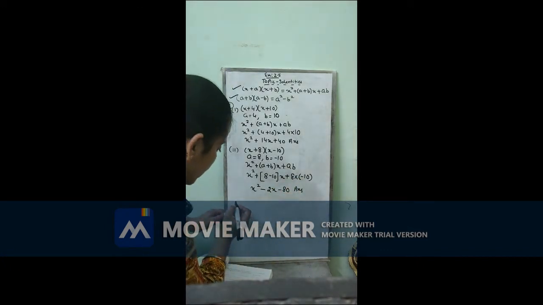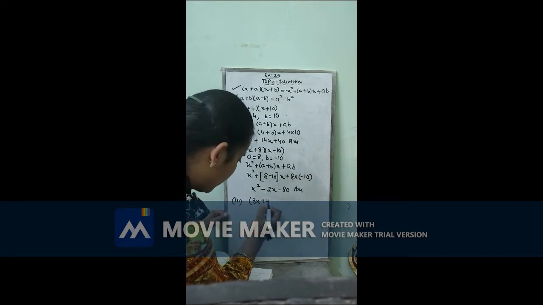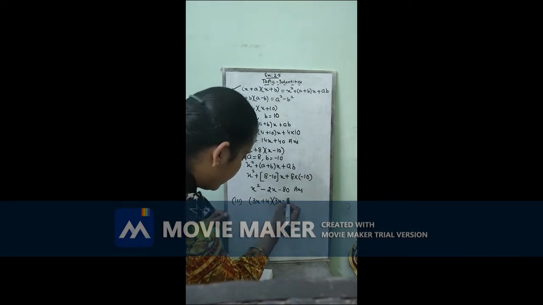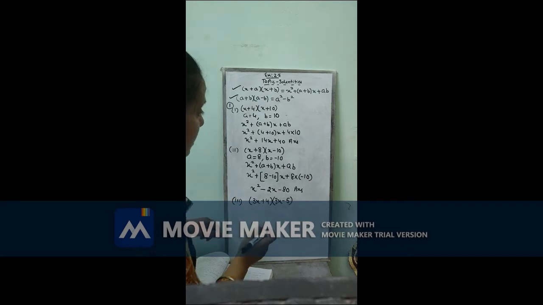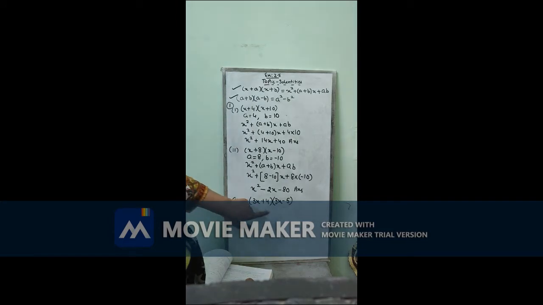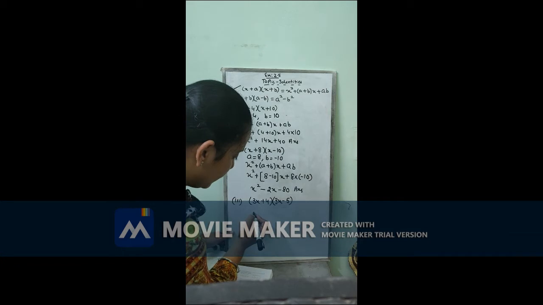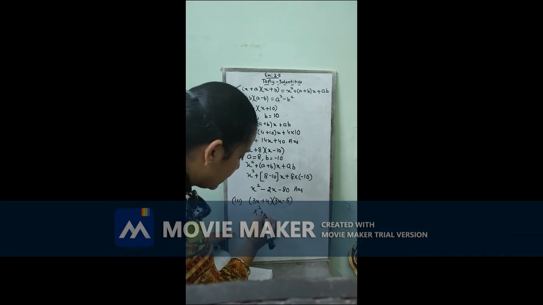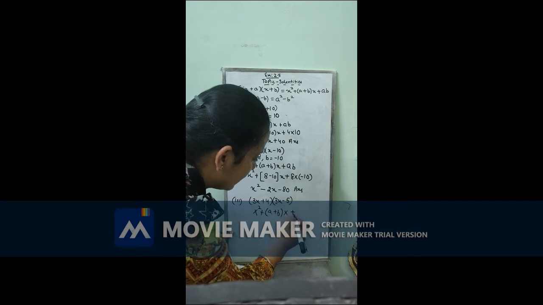Same in third part. (3x plus 4) into (3x minus 5). Here you see x is also replaced by 3x. Clear? Means in your identity, in place of x, in this sum, this is 3x. So firstly you will write the identity x square plus (a plus b) into x plus ab.